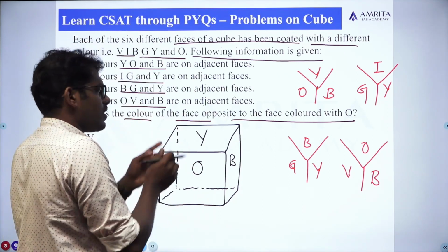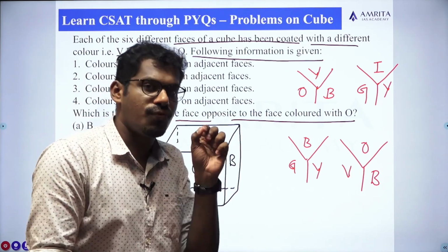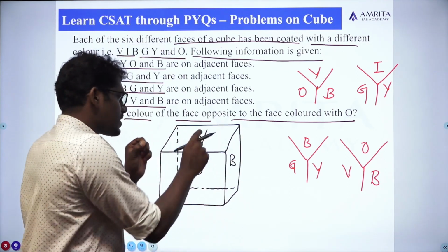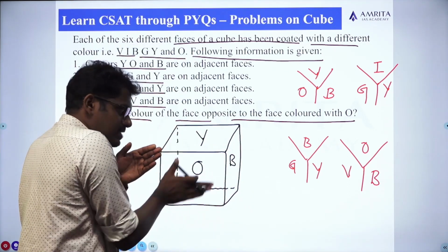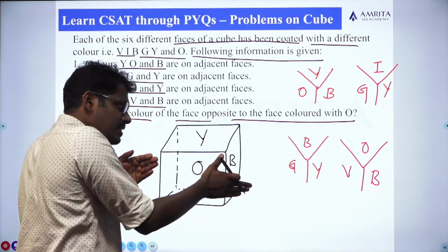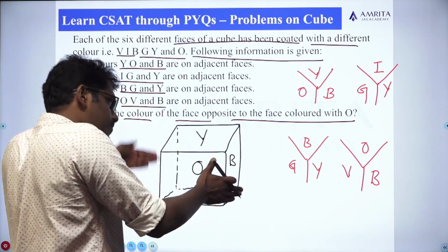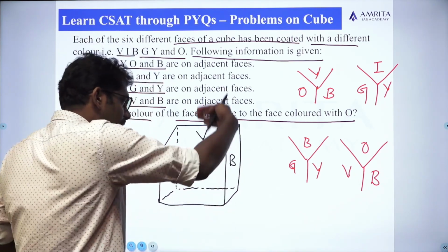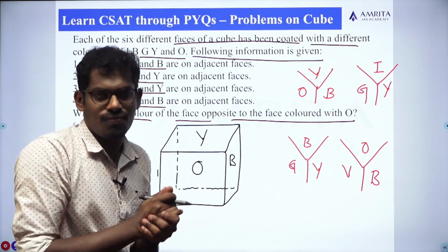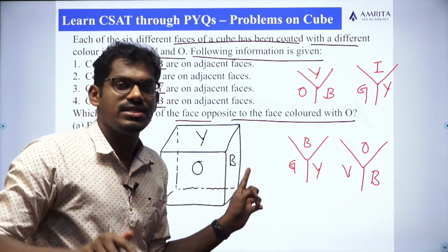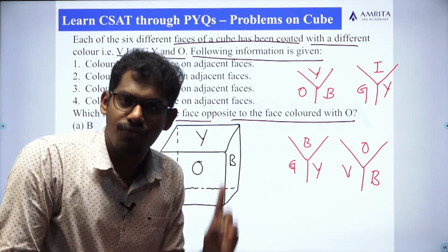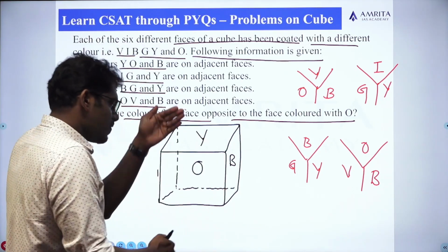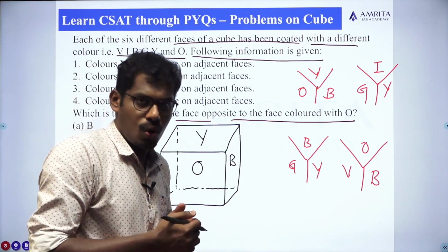Now understand one thing. What are the adjacent faces of Y? The front face is adjacent to Y. The right face is adjacent to Y. The left face, which we are not able to see, and the back face are also adjacent to Y. So there are 4 faces adjacent to the face colored with Y. Clear? But the front face is already colored with orange.